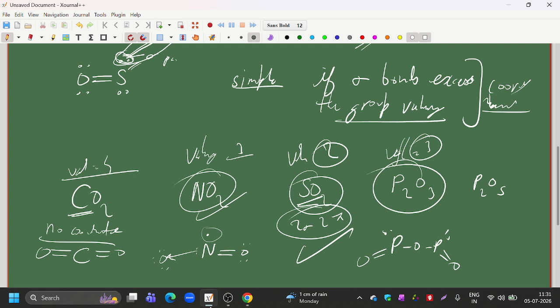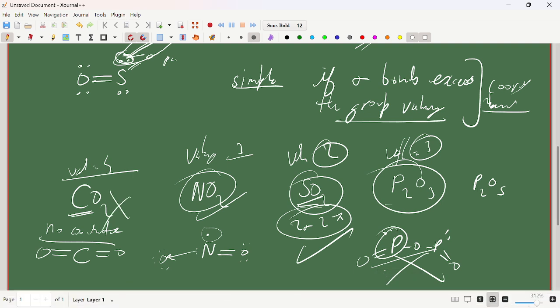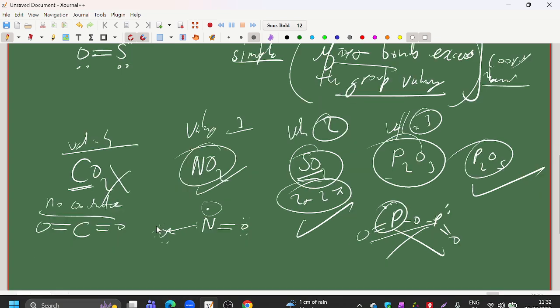Number of bonds per phosphorus 3. No coordinate bond. P2O5, valency 3, 5 bonds. Yes, coordinate bond is there. So just remember, if sigma bonds or sigma plus pi bonds exceed the group valency, your molecule has a coordinate bond.